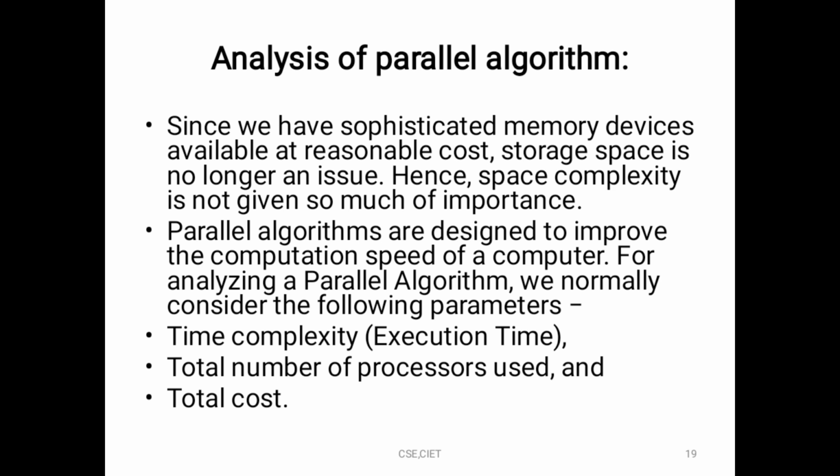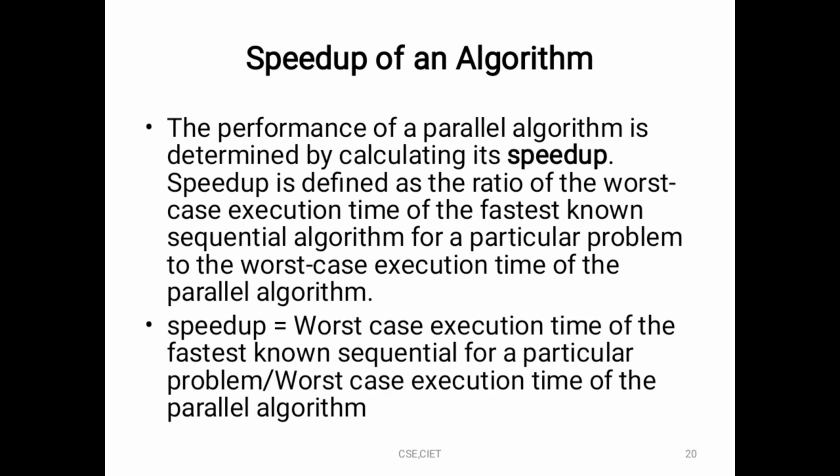Parallel algorithms are designed to improve the computation speed of a computer. For analyzing a parallel algorithm, we normally consider the following parameters: time complexity, which is nothing but the execution time, the total number of processors used, and the total cost. Now, the speed up of an algorithm. The performance of a parallel algorithm is determined by calculating its speed up.